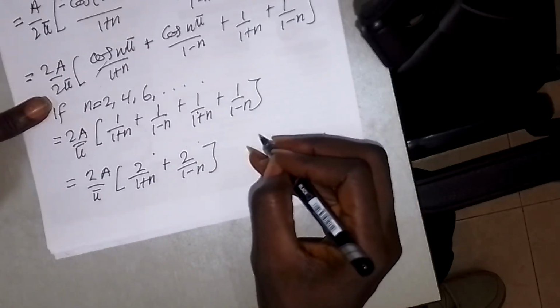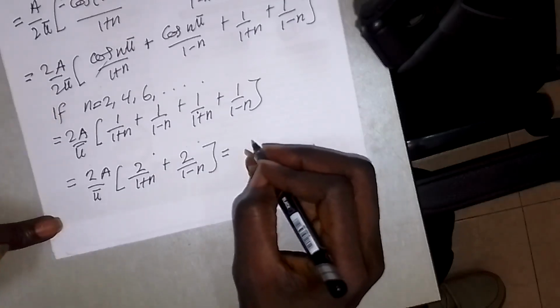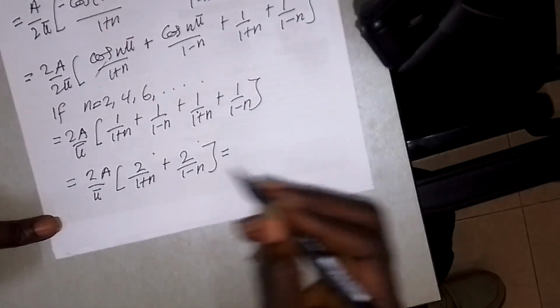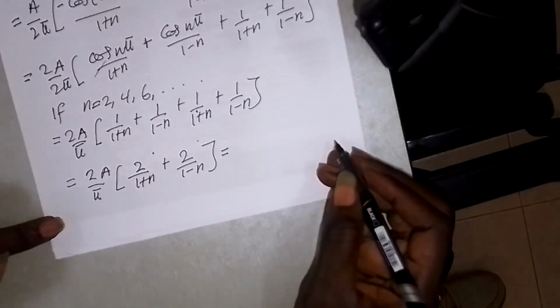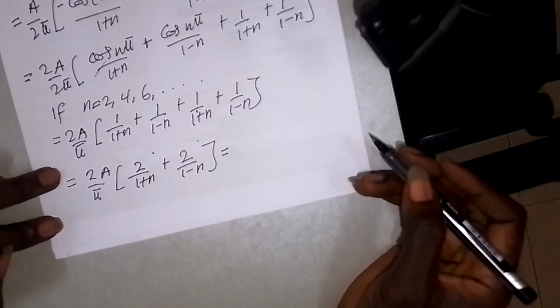This one will form a difference of 2 squares, and then you can do the simplification.